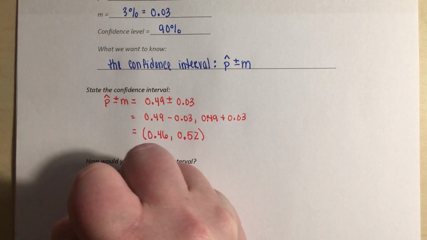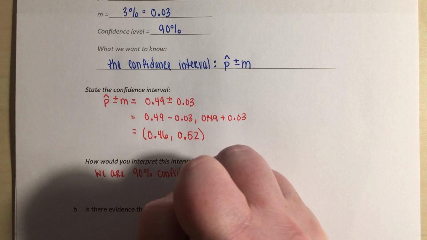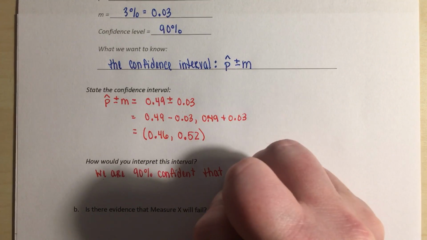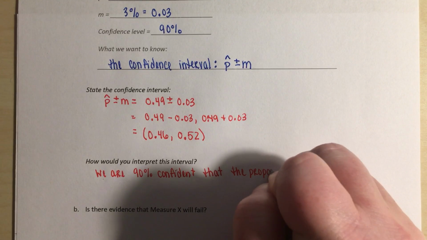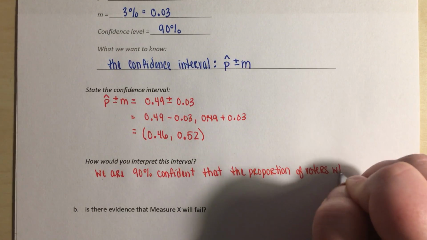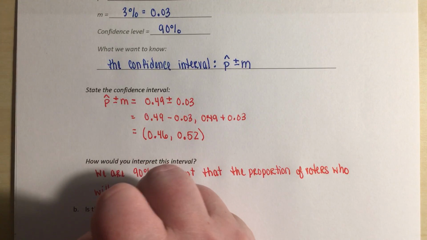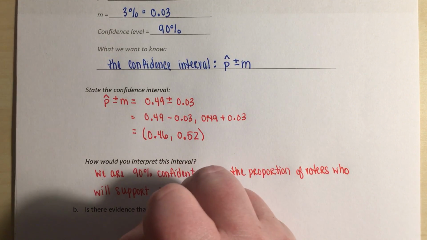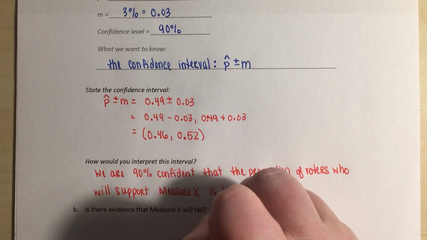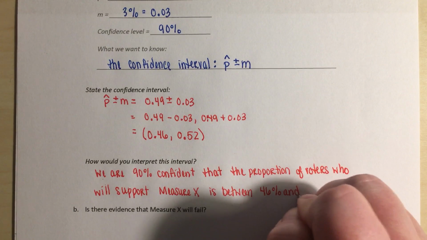So we are 90% confident that the proportion of voters who will support Measure X is between 46% and 52%.